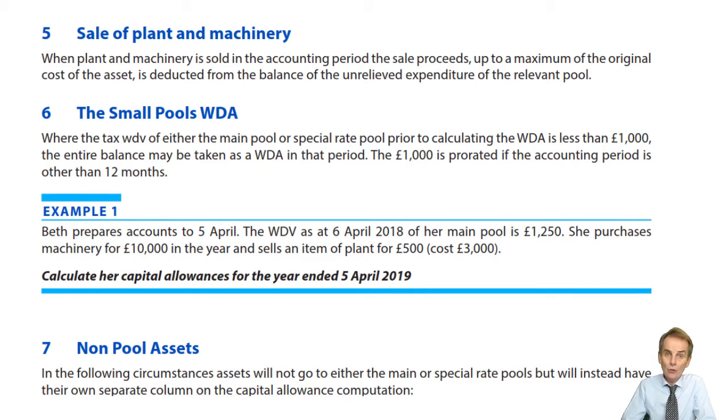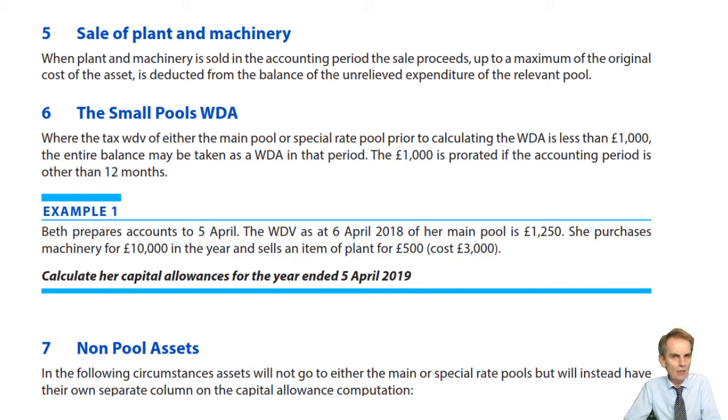So the first thing we've done, and we should now be able to do successfully, is determine for every asset listed as being purchased during the period, is it qualifying plant and machinery? If it is qualifying plant and machinery, what does it qualify for? If firstly it's AIA as normal plant and machinery, is it normal plant and machinery that would go to the main pool, or is it special rate pool expenditure?